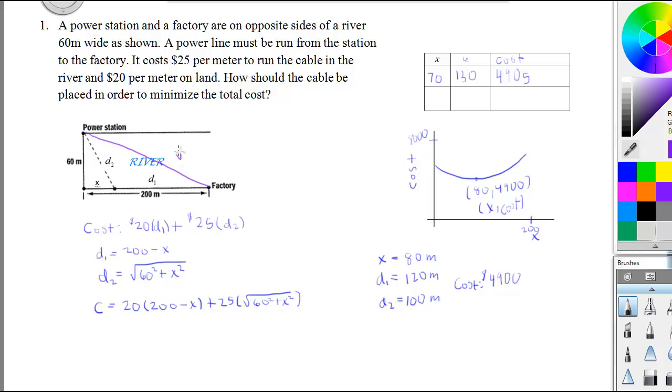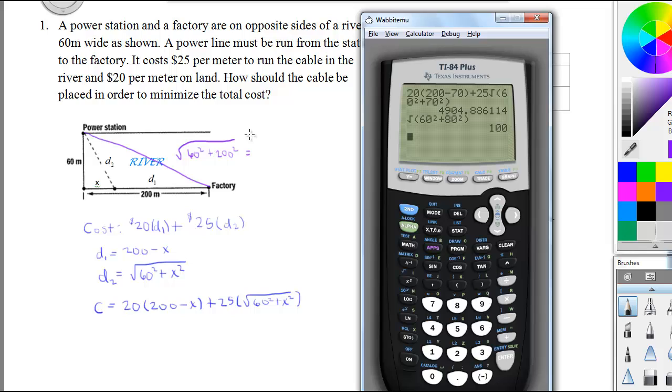So if it was all under the river, then this would be the square root of 60 squared plus 200 squared, which is about 208 meters.